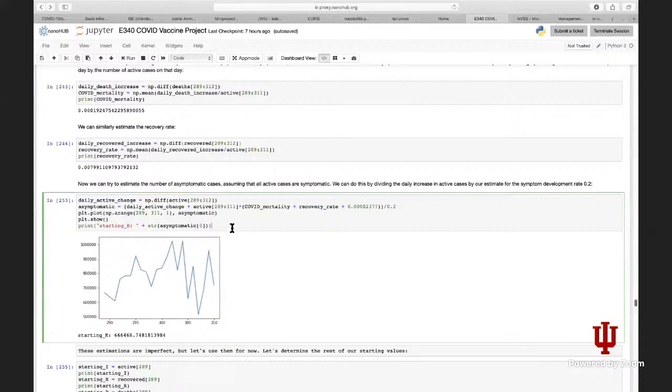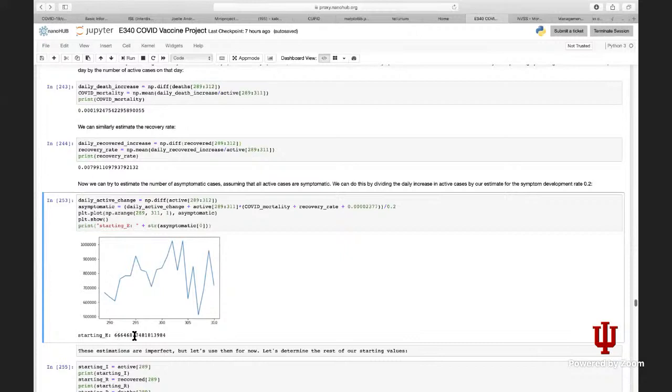Not entirely sure what this means. I think this is a very, very rough estimation of the number of asymptomatic cases. But what I really cared about, what the most important thing to me was for the simulation, is that very first value: what's the initial value of asymptomatic cases? And it's actually looking lower than what we expect, because one of the papers I read about estimating the number of asymptomatic cases in a COVID pandemic came to the conclusion that we should have many, many more asymptomatic cases than symptomatic cases.